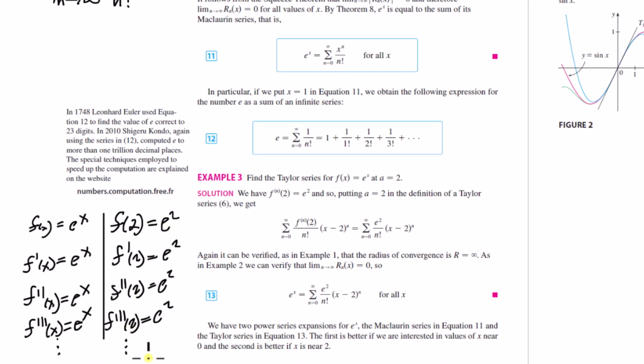This isn't so bad, e squared, but previously with 0, this would be 1. Each of these would be 1, but still not so bad. Okay, but what we can see here is that the nth derivative evaluated at the center point is always just e squared. So the coefficient formula is f, the nth derivative at the center point, divided by n factorial.